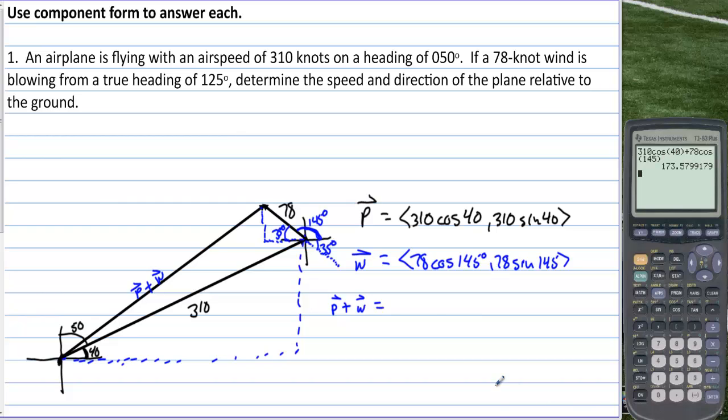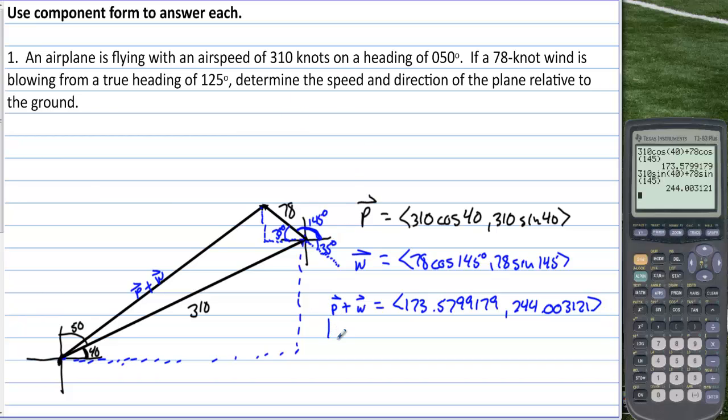Press enter, and the component form of the resulting vector is 173.5799179. And then we need the y component, 310 times the sine of 40, and then plus 78 sine of 145. And we get 244.003121. And then we need to answer the first part of it, determine the speed.